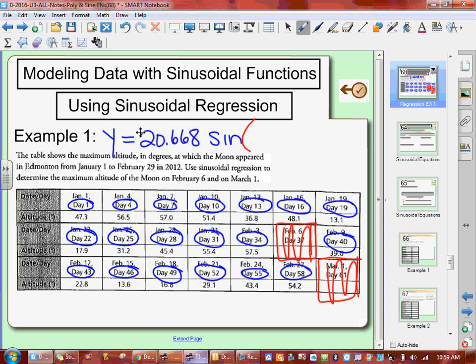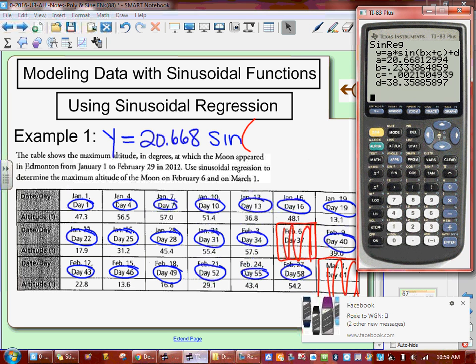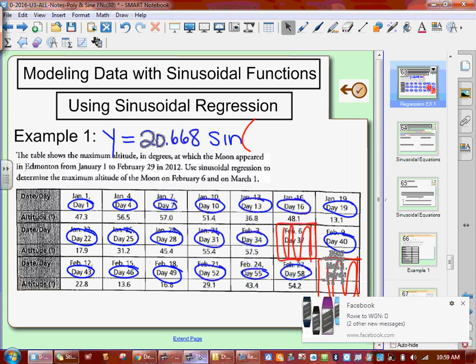So our B number to 3 decimal places is 0.233. Perfect. So we're going to write 0.233. That one gets the X.